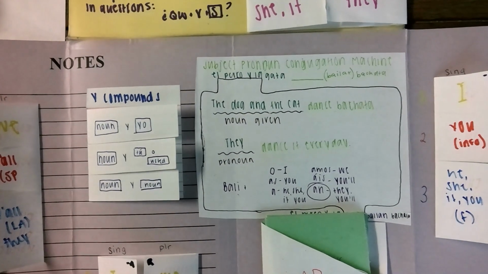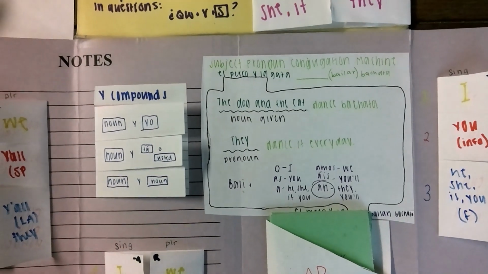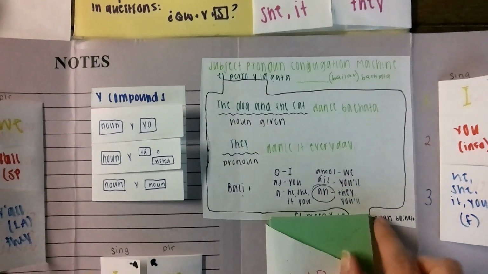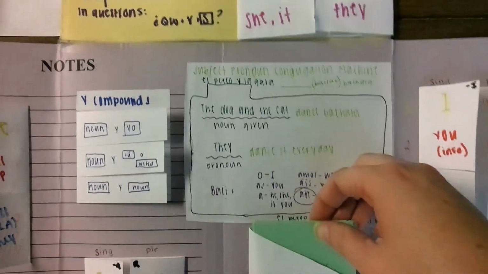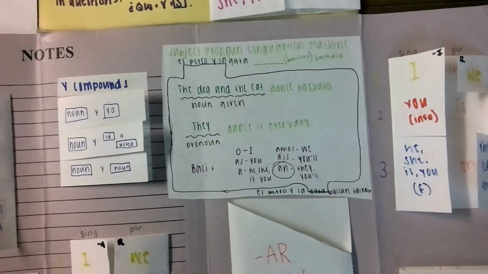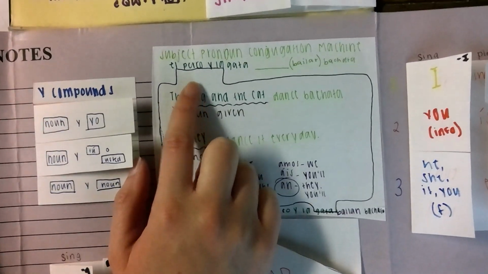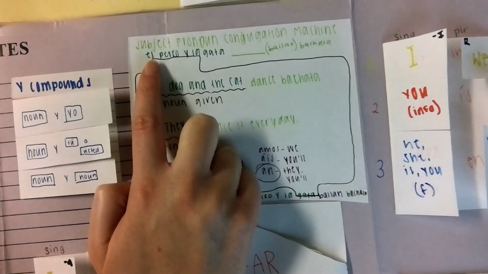And so outside the machine is Spanish, inside the machine is English, and outside, again at the bottom, is Spanish. So I'm going to take these cards out so that you can see our output. Okay, so this is just a sample sentence, and it's important that you color code it.